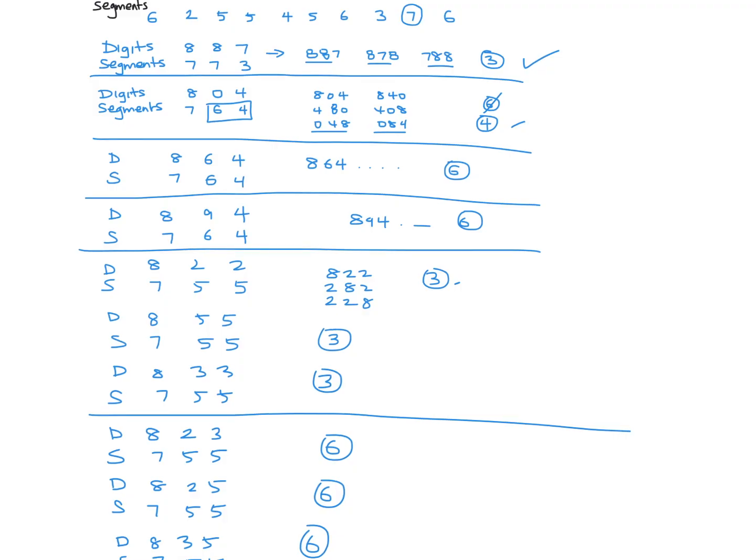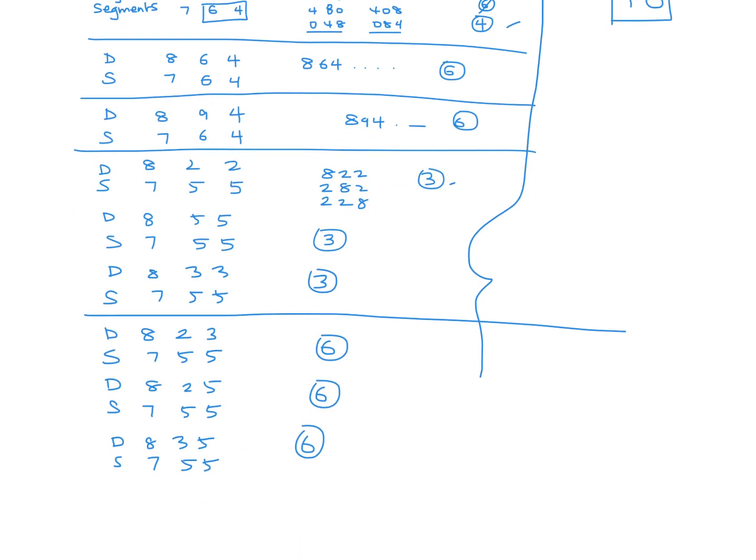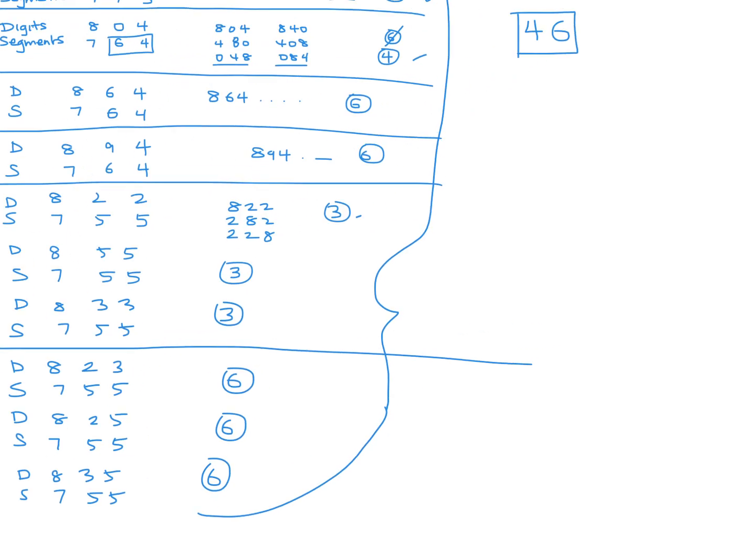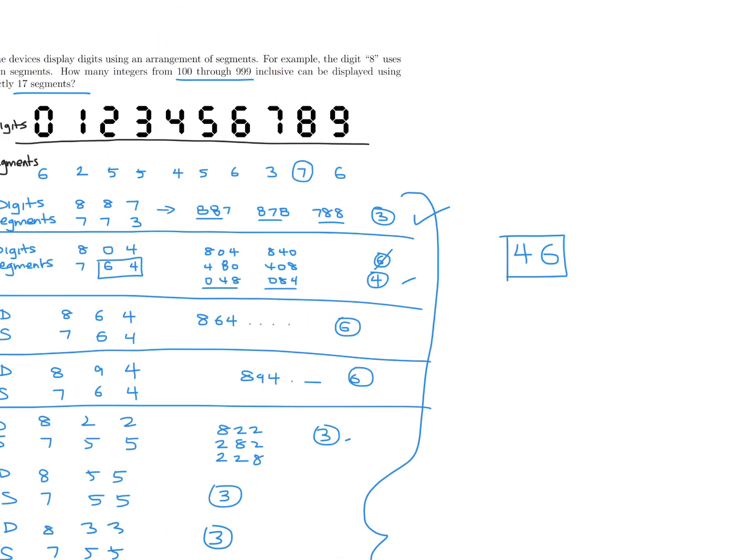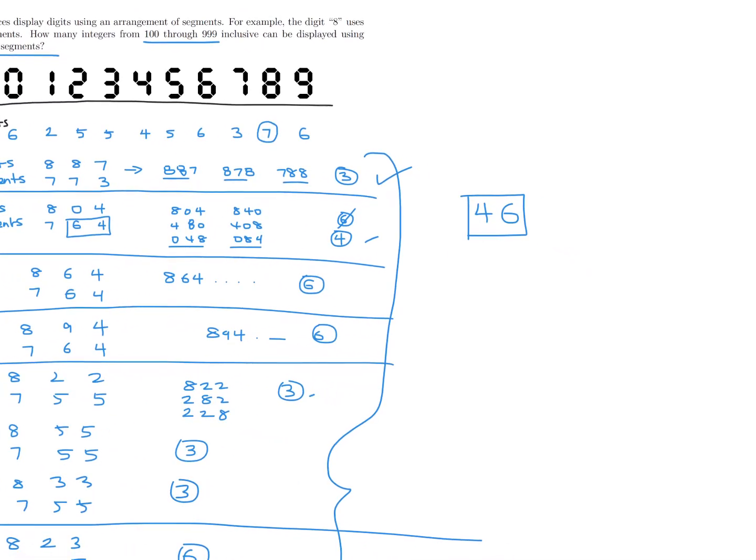And then 3, so we're up to 46. Yeah, so all these guys, 46. Okay, so let's see if I can come up with another. Let me put that 46 up here actually.